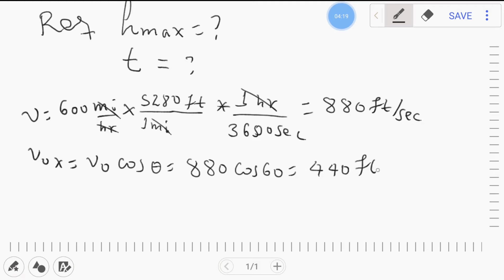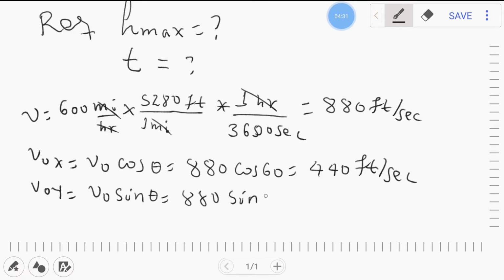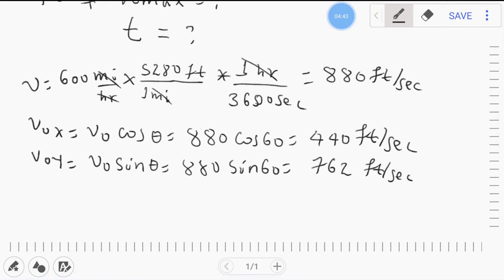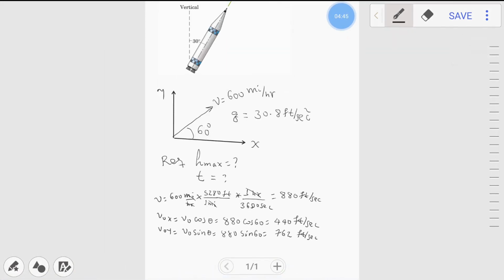The initial velocity in the y direction, or the y component, is v naught sine theta, which equals 880 times sine 60 degrees. Sine 60 is 0.866, so if you multiply that, you'll get 762 feet per second. Now we have calculated the initial velocity components in their own directions.